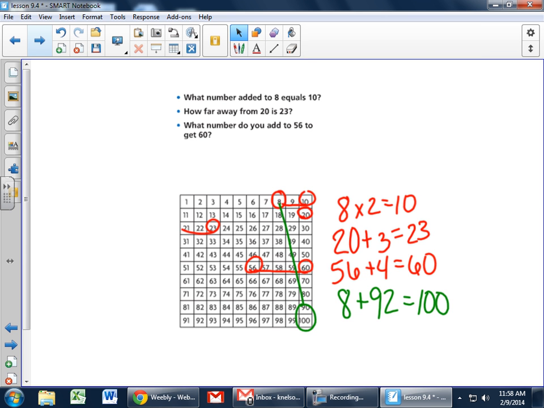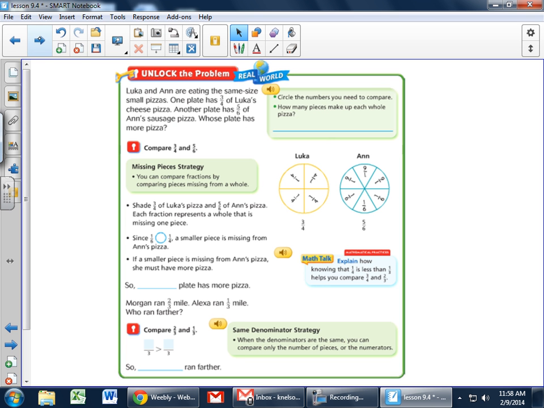Okay, now our brains are really warmed up, hopefully, so we're going to jump right into our lesson. In your Go Math book, you should be on page 363. Luca and Anne are eating the same size small pizza. One plate has 3/4 of Luca's cheese pizza. Another plate has 5/6 of Anne's sausage pizza. Whose plate has more pizza?